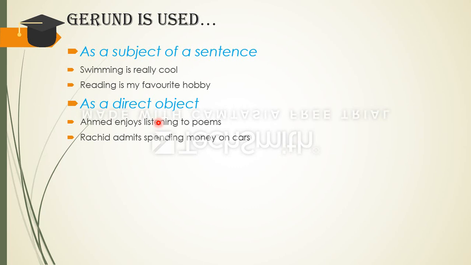Ahmed enjoys what? Listening. Rashid admits what? Spending money on cars. So please note the verbs enjoy and admit: these are verbs with which we directly use the ing form, or the gerund.